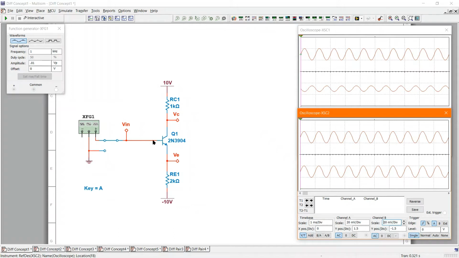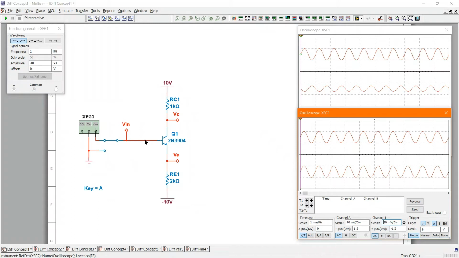That makes sense when you think that there's a base-emitter diode on the transistor. So essentially as this goes up, this point here is going to follow it. As VN goes up and down, VE is going to go up and down. AC wise, it's going to be the same amplitude, but DC wise, it's going to be 0.7 volts less.